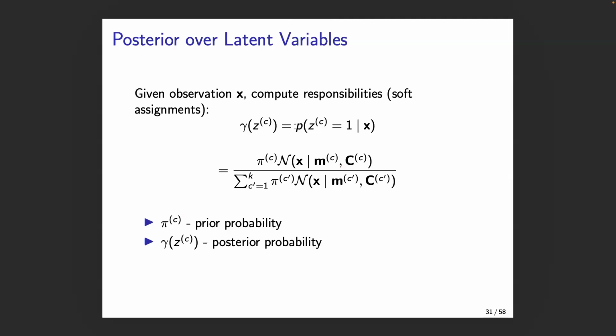Basically, it's the posterior probability for the latent variable z, given our data point. And essentially, for each cluster, we have just a Gaussian distribution weighted by the corresponding mixture weights and then normalized by the same quantity for all the clusters. So this gives us the probabilities that the data point comes from each of the clusters.